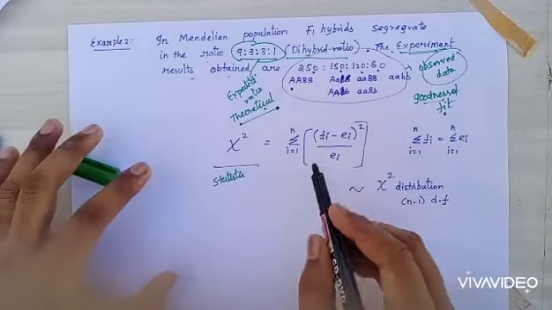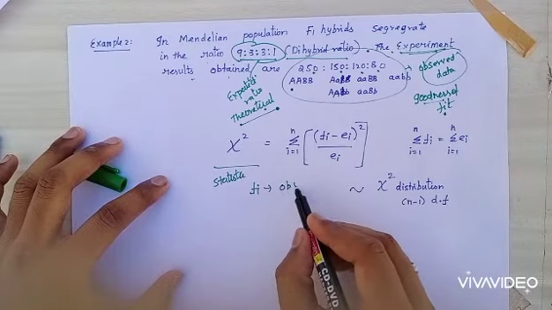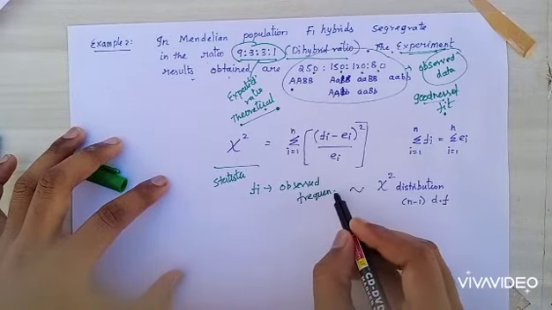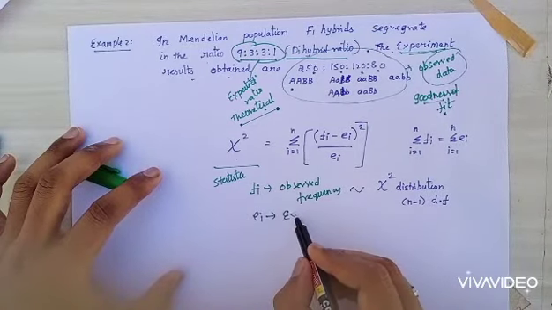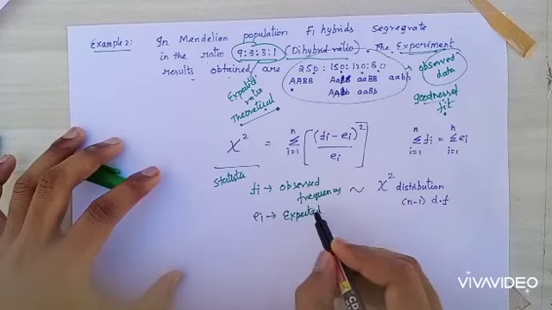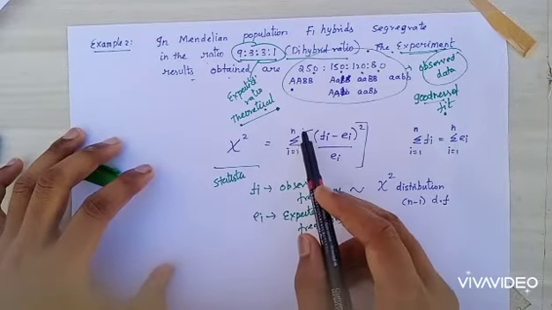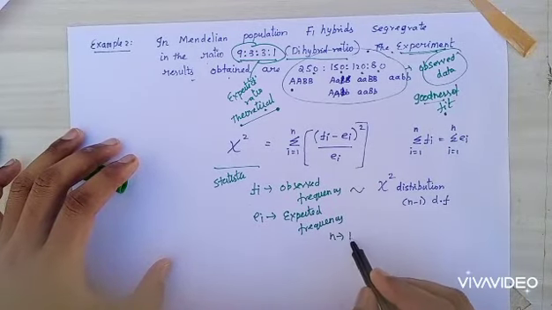Here fi is the observed frequency, and ei is the expected frequency, and here n means the number of classes.